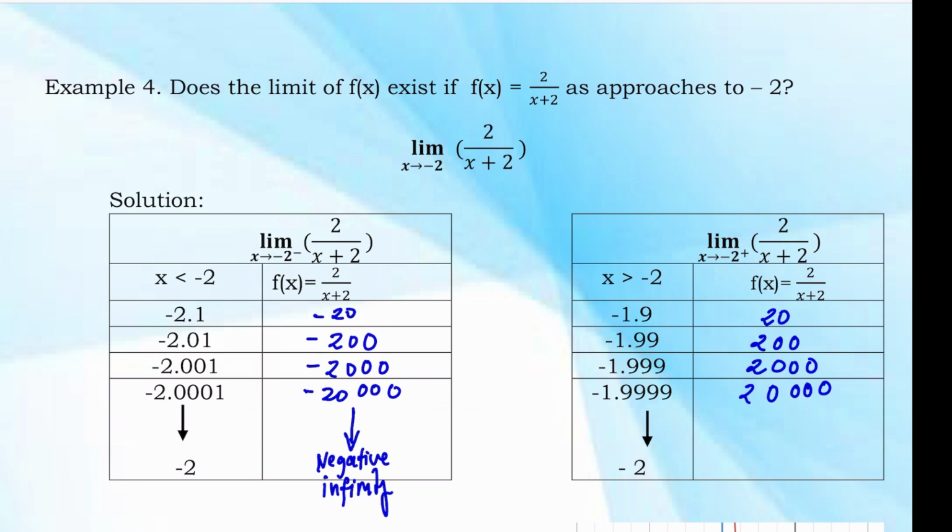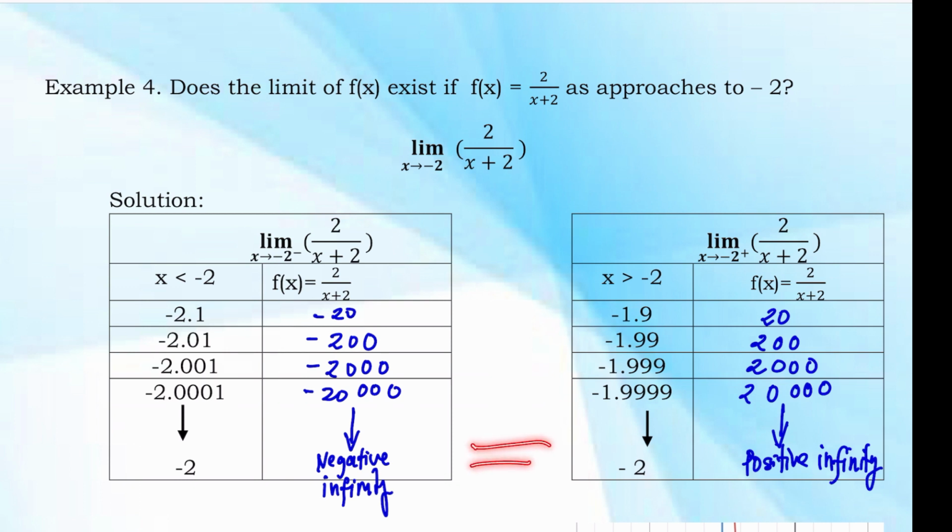So using these values of x, the function as x approaches negative 2 on the right side approaches positive infinity. Okay, so this is approaching negative infinity and this is approaching positive infinity.